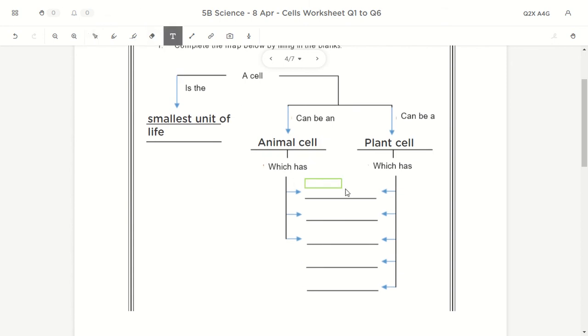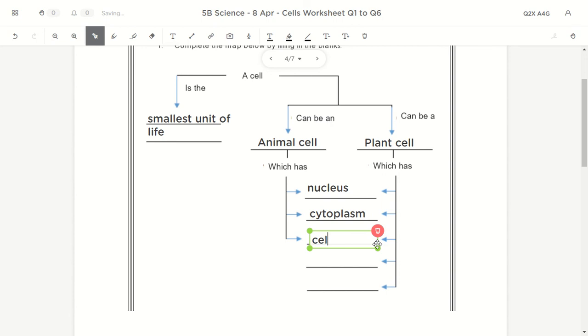Let's start from within the cell, the center of the cell, the nucleus, followed by the cytoplasm, followed by the cell membrane. And you realize that plant cell and animal cell share this similarity. They have nucleus, they have cytoplasm, they have cell membrane.